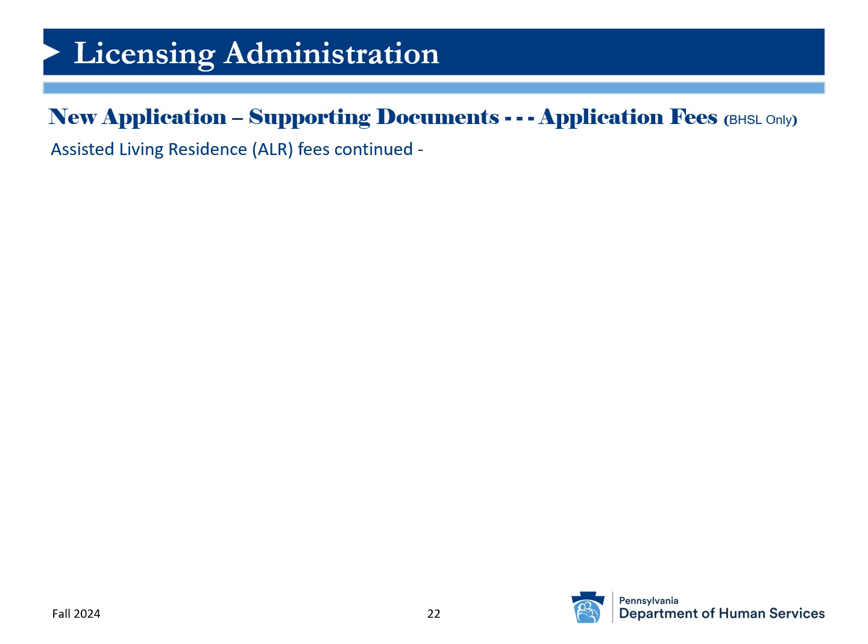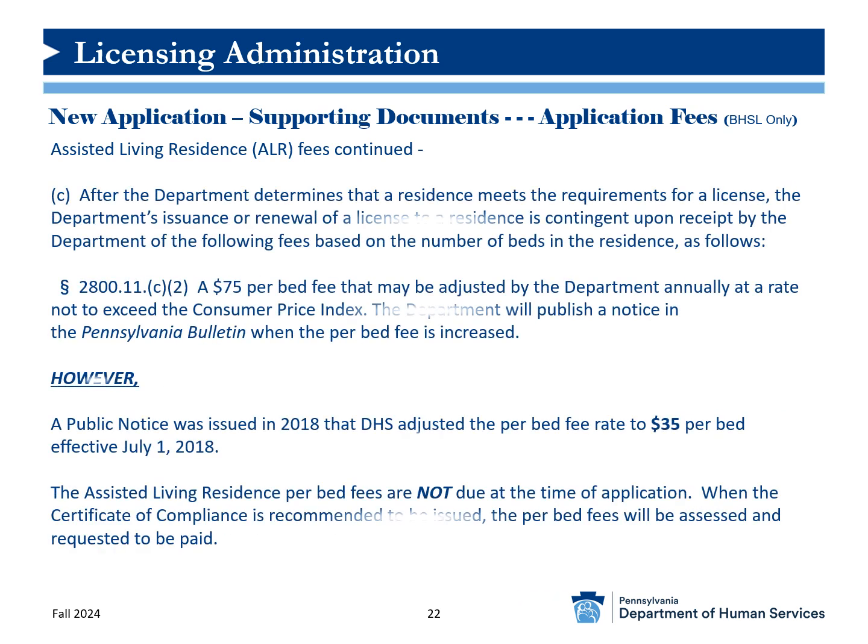So assisted living residences have the application fees, as I just discussed, and they also have another part to their fees, and that is a per bed fee. So for an assisted living residence, after you submit your application and application fee, once everything is complete and the license or certificate of compliance is recommended to be issued, at that point we will send a letter of request for the per bed fee.